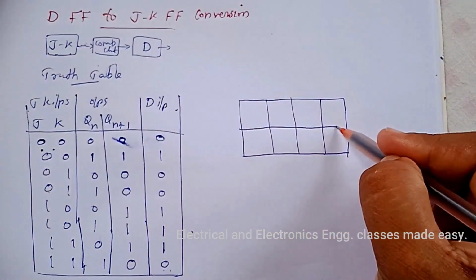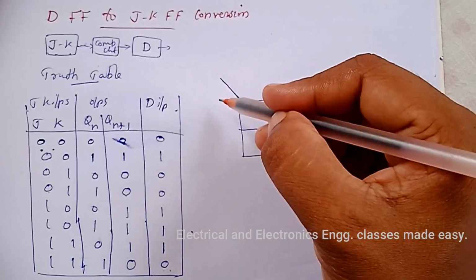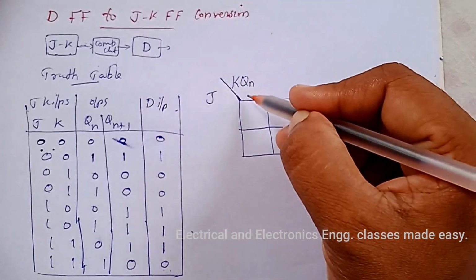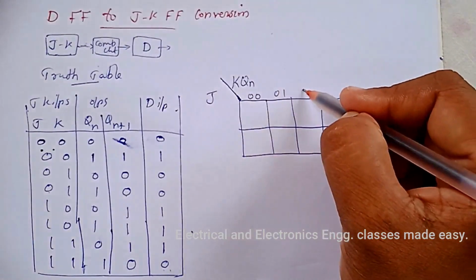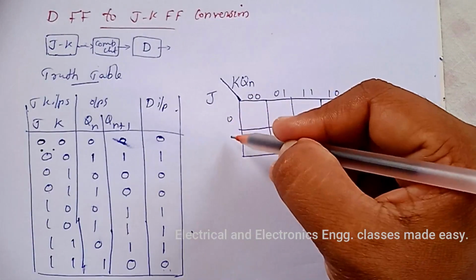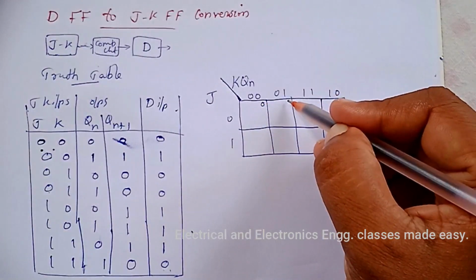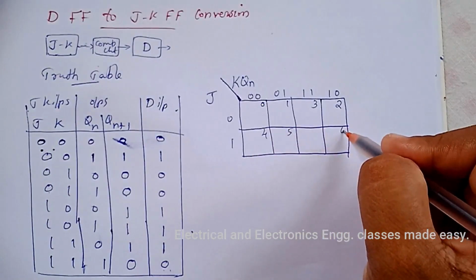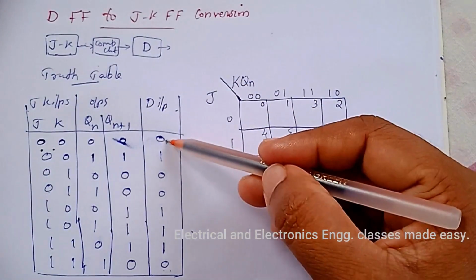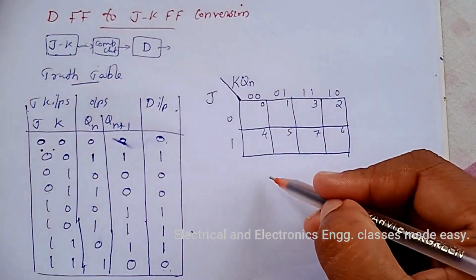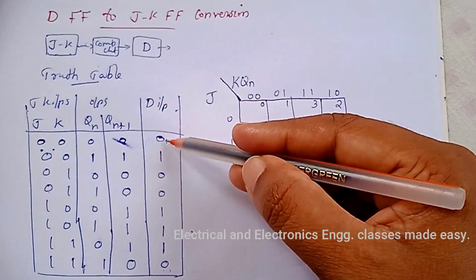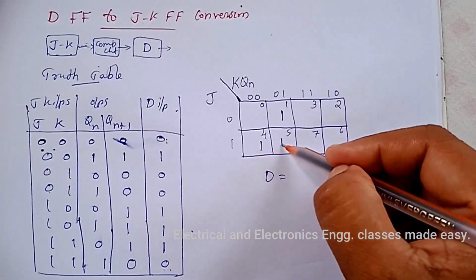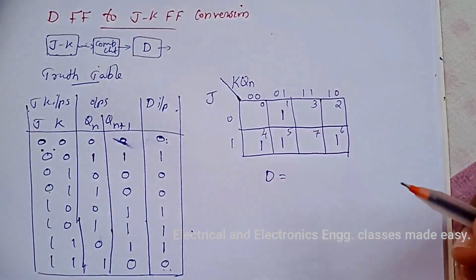So draw a 3 variable K map with variables J, K, Qn. 0, 0, 0, 1, 1, 1, 1, 0. Here 0 and 1. 0, 1, 2, 3, 4, 5, 6 and 7. And here 0, and this is for D. 0, then 1, 0, 0, then 1, 1, 1, 0.